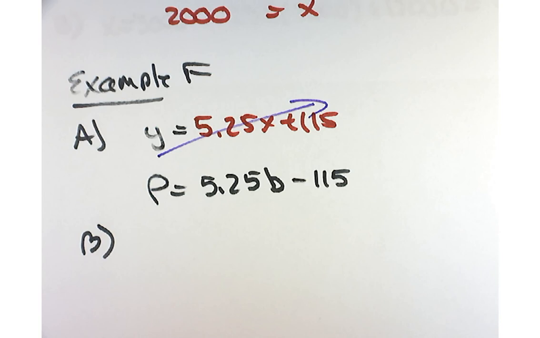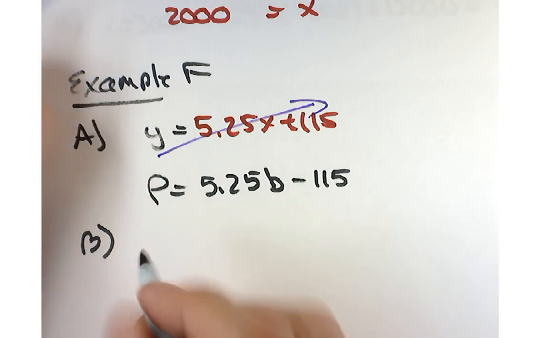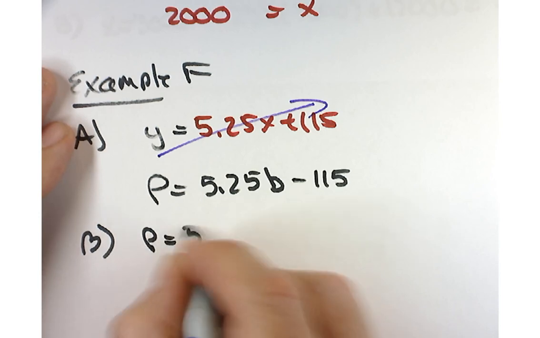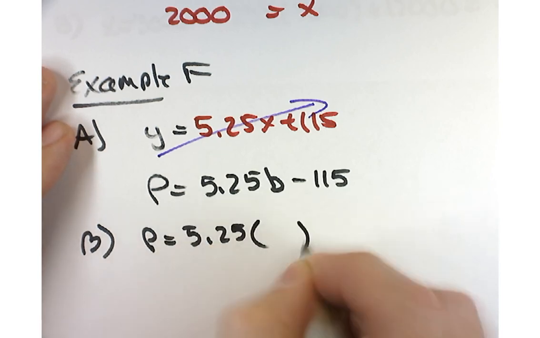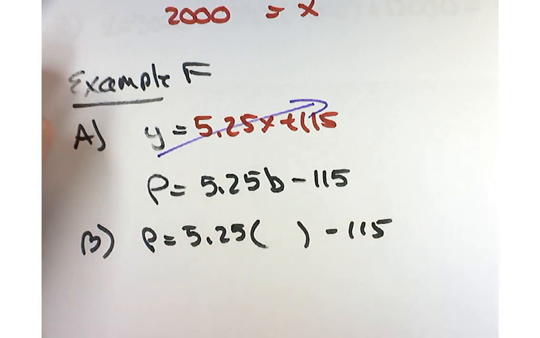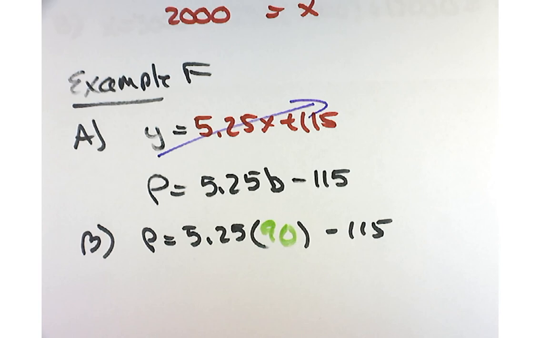Well, the next question says, well, if you sell 90 bags, how much profit do you make? So now what are we going to do? You put Justin? in 90 for B. Yeah, plug in 90 for B. Awesome. You guys are making me look good. Thank you. Appreciate that. Extra credit all around, right? All right, so let's put in 90 for B. And it should be 300 and something.